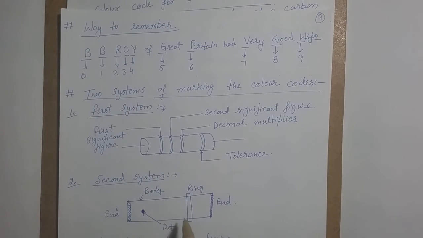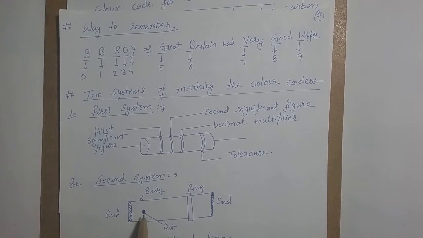In this case, one is the body of the resistor, and another is a dot having some color. The color of the body represents the first significant figure, the color of the two ends represents the second significant figure, and the color of the dot represents the decimal multiplier, 10 raised to power 0, 1, 2, 3, and so on.